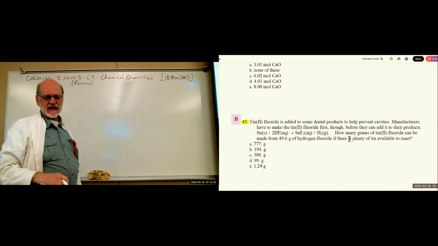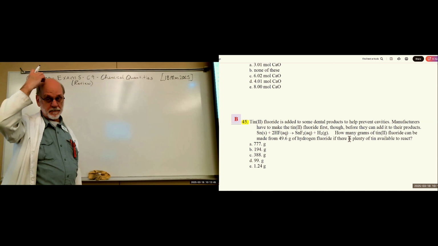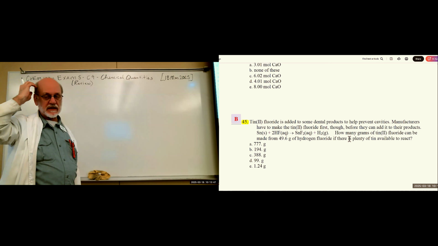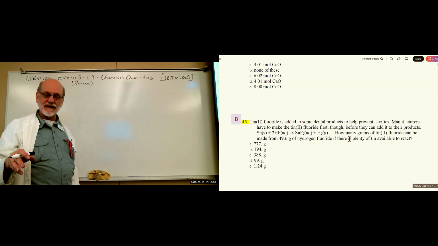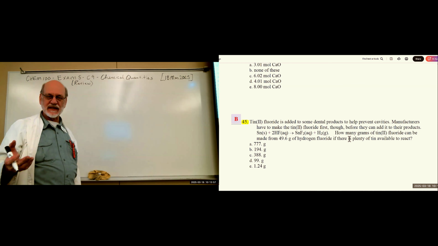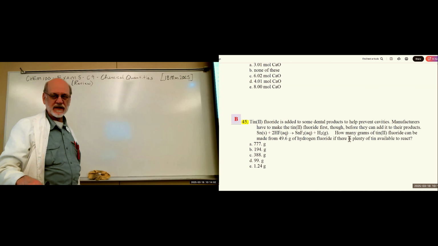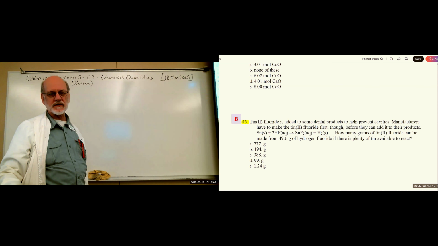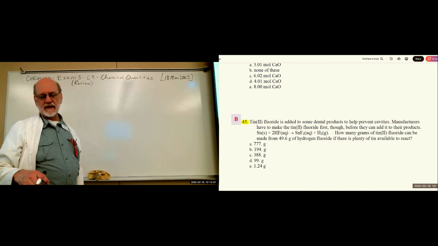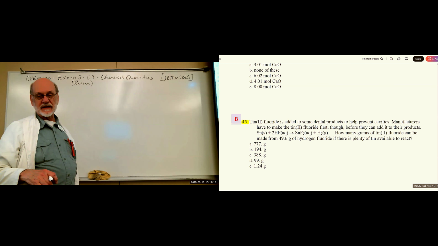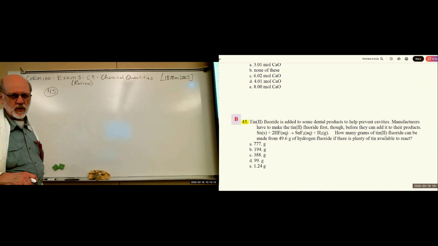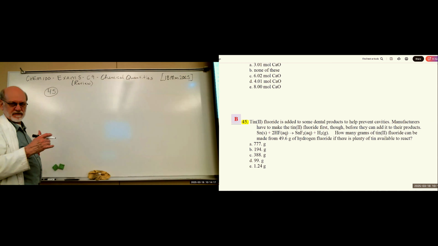Tin(II) fluoride is added to some dental products to help prevent cavities. Manufacturers have to make tin(II) fluoride first, though, before they can add it to their products. So they take tin and hydrofluoric acid and make tin(II) fluoride plus hydrogen gas. How many grams of tin(II) fluoride can be produced from 49.6 grams of hydrogen fluoride, if there is plenty of tin available? So we've got the balanced equation and a lot of fluff.